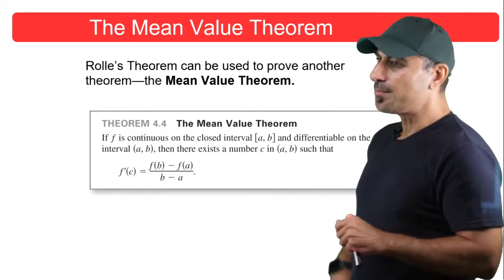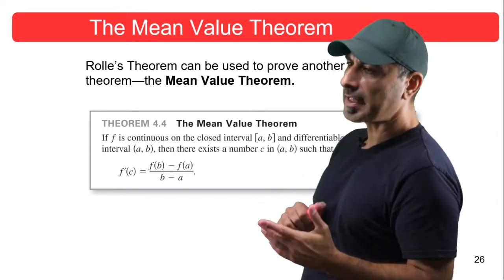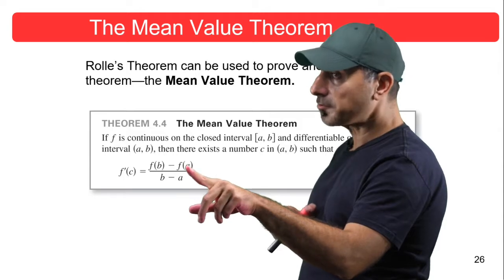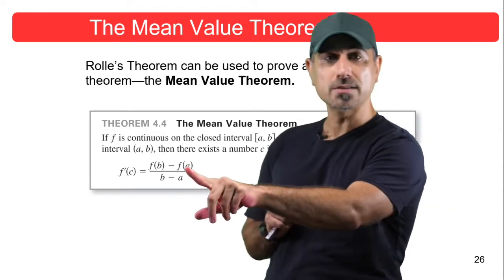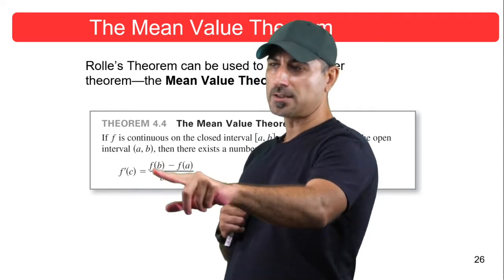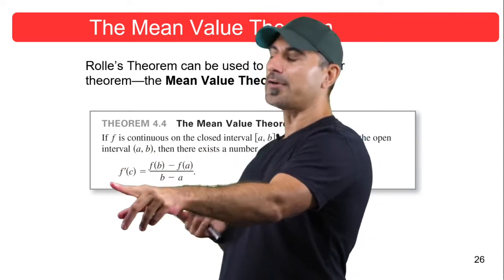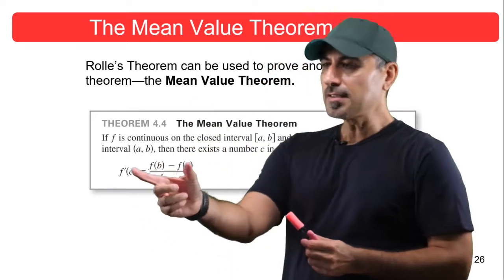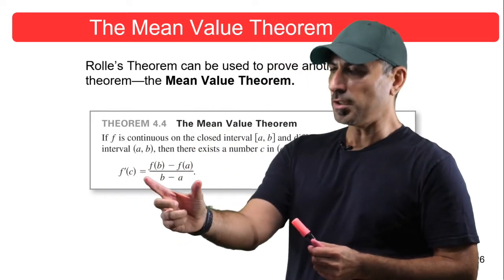Okay? So remember, in Rolle's theorem, we had f of a exactly equal to f of b, because this was one of the conditions in the statement of Rolle's theorem. In fact, if they're equal, then this becomes 0, and then f prime c is 0. So in the mean value theorem, this doesn't need to be 0. So this could be totally different from 0.